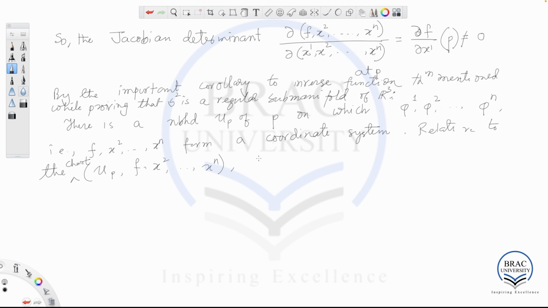So relative to this chart, U sub P intersected with S. What is S? S is the zero set of F, right?